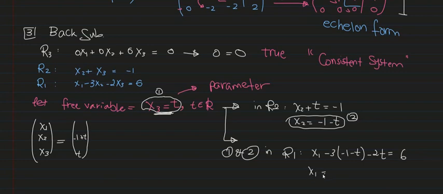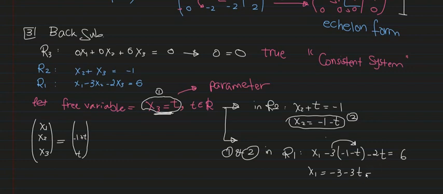Now let's rewrite this in a better way. It will be x1, and here we have -3 times -1, which is 3, so we move it to the other side as -3. Then -3 times -t is 3t, and we move it to the other side as -3t.